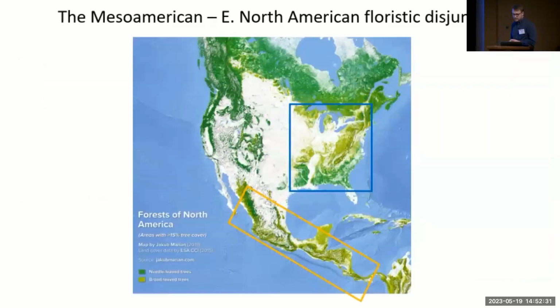Okay, so now we're going to turn our attention to the disjunction pattern involving plants, species disjunct between Eastern North America and Mesoamerica.